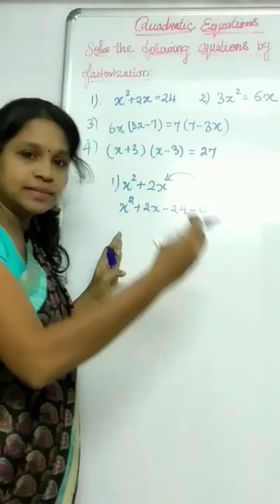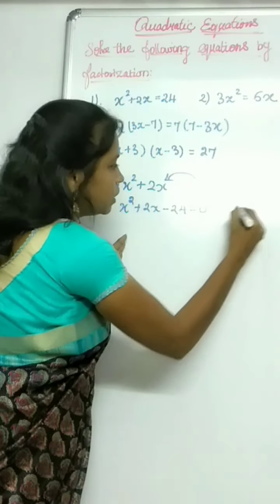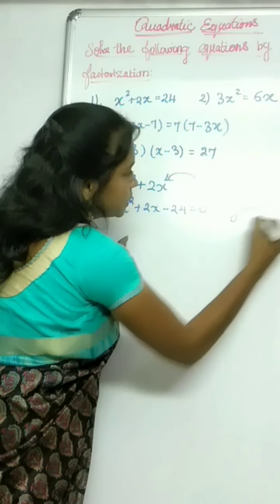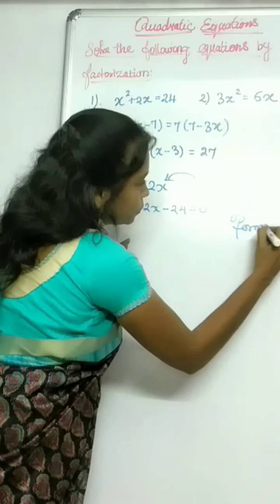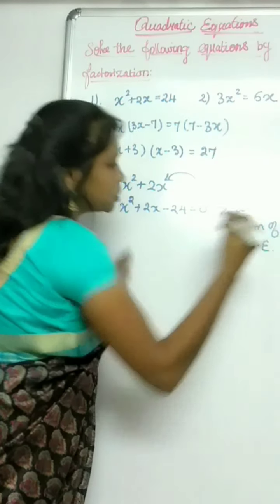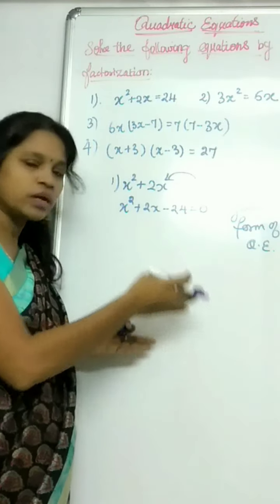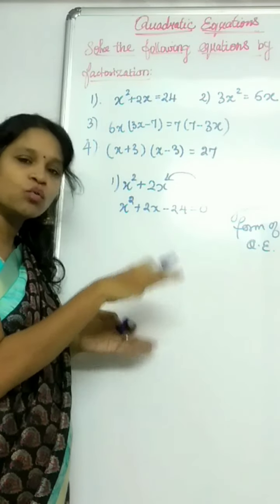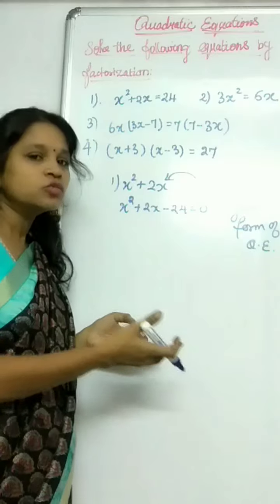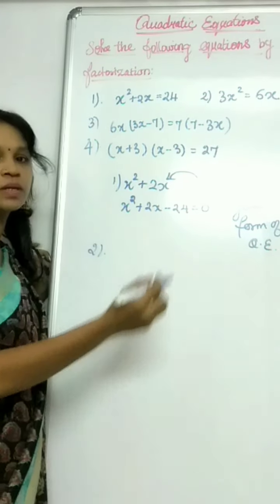This is the exact general form of your quadratic equation. Hereafter, we can apply an identity, or else the sum product rule. So we don't have much confusion about the first.